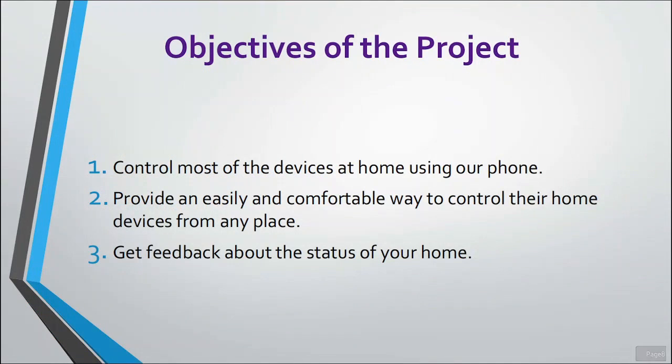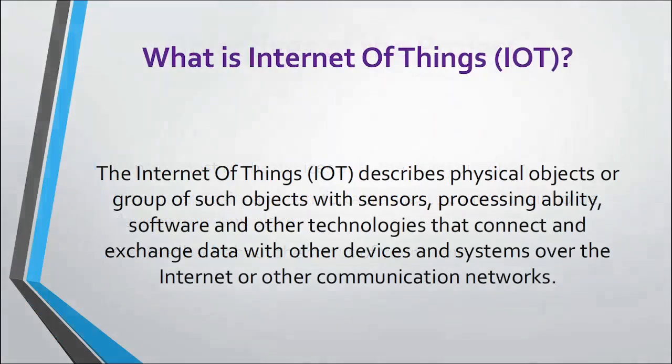The main objective of the project is to control most of the devices at home using our phone, and also to provide an easy and comfortable way to control home devices from any place and also receive feedback or notifications about the status of our home.